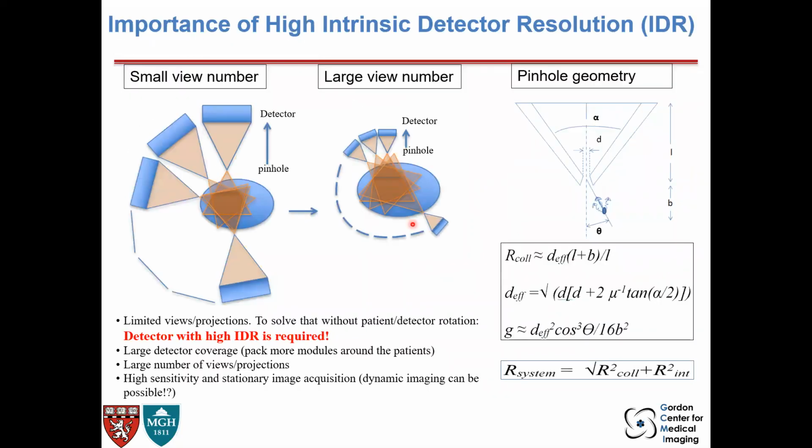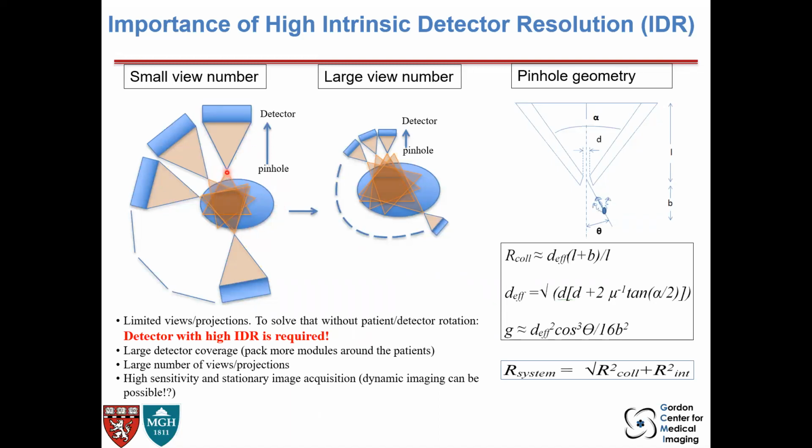Now, remember a few slides ago at the beginning, I was talking about how the detector is not very important. Detector resolution is not extremely important compared to the collimator resolution. So here is a slide that shows that actually detector resolution can be important. Assume that this is a conventional, large detector, and this is the patient.